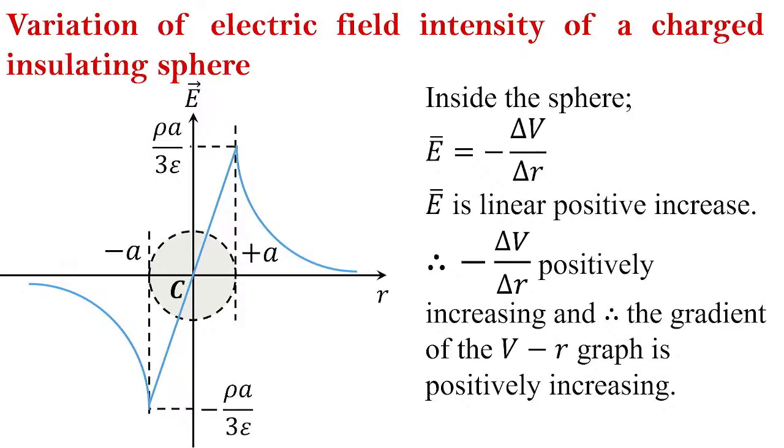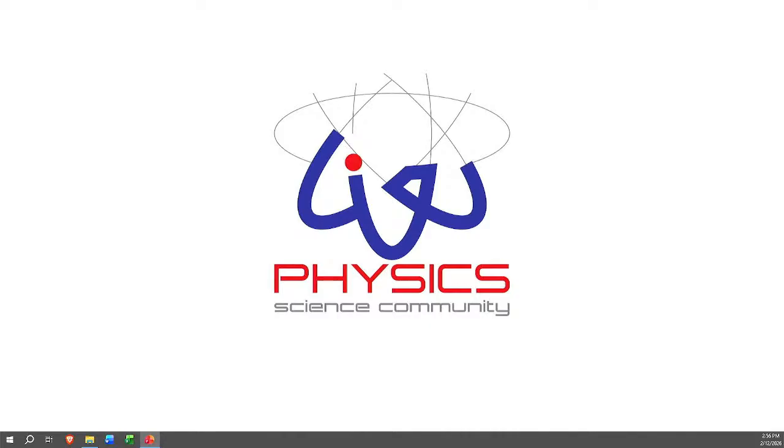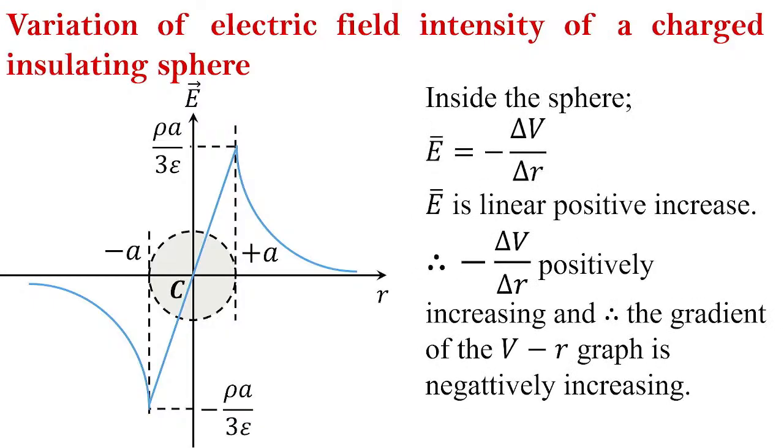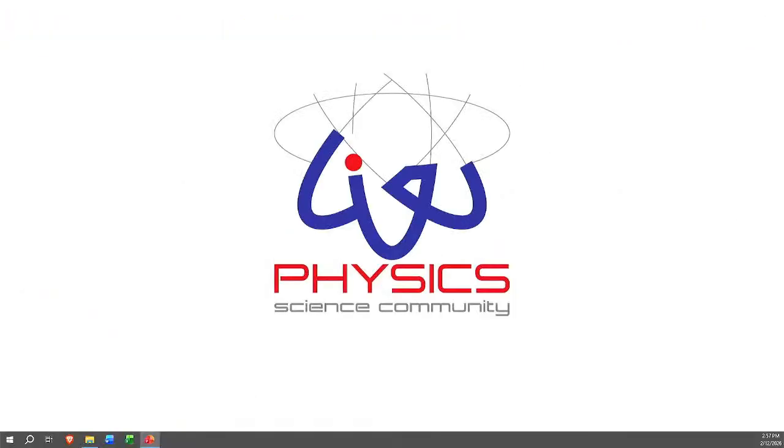The last line, negatively increasing. The V versus R potential distance graph is what? Negatively increasing. Right, negatively increasing.